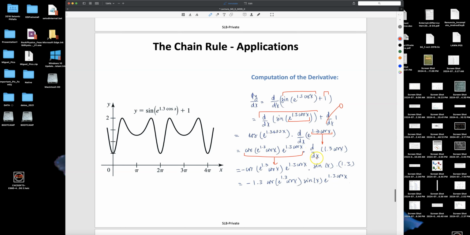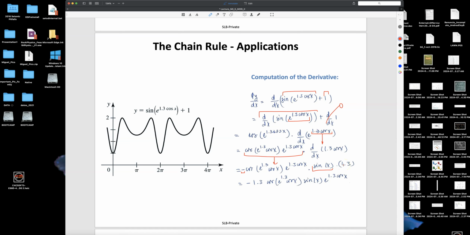The derivative of the function cosine is minus sine. So I put it here, sine, and I brought the minus sign to the front. Okay, minus sine x times 1.3.